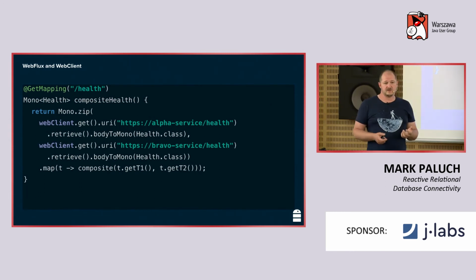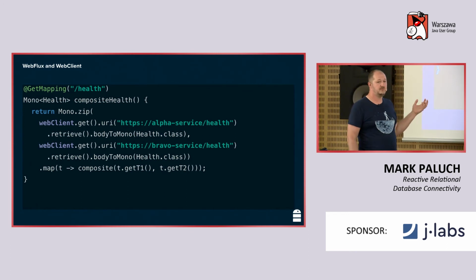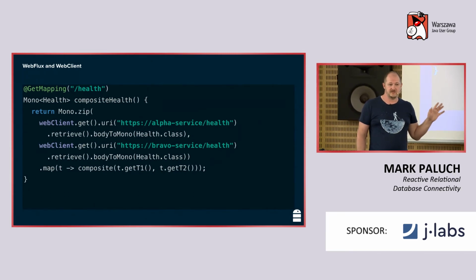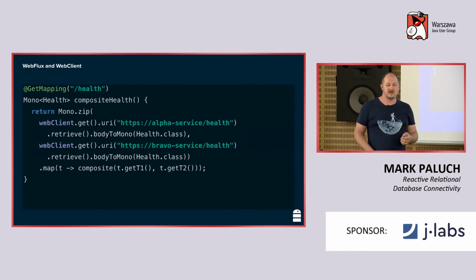Now, if you are not familiar with reactive style programming, this might look like gibberish to you in the first place, but rest assured, after a couple of months of learning, this will be somewhat readable to you. And this is one of the characteristics of reactive style programming, that you have to have this knowledge how to express your code, how to run it, and how to debug it from the very first day. And the learning curve for reactive programming is quite steep.